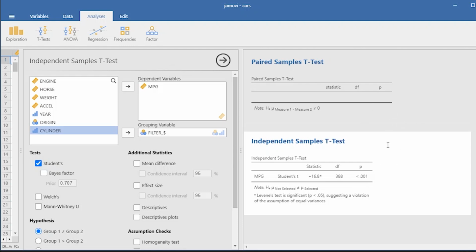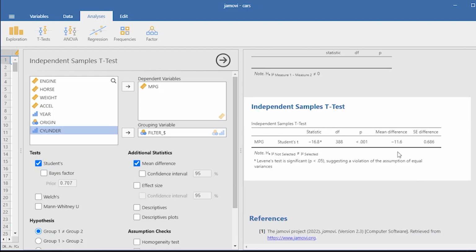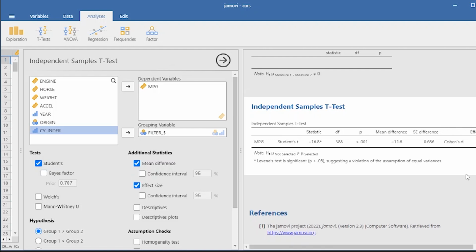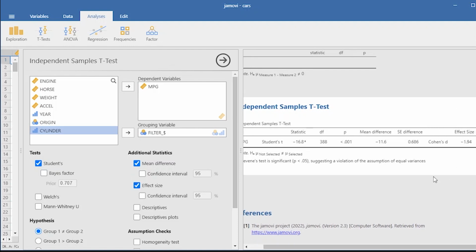So the mean miles per gallon of the cars that have been selected differs from the mean of the cars that have not been selected. If you want to see the mean difference, you can add it here, and you could see the mean difference happens to be negative. Imagine this as an absolute value. The difference is almost 1 standard deviation. You could see the effect size as well. It used Cohen's d as the effect size, and it's quite a large one in a negative direction.